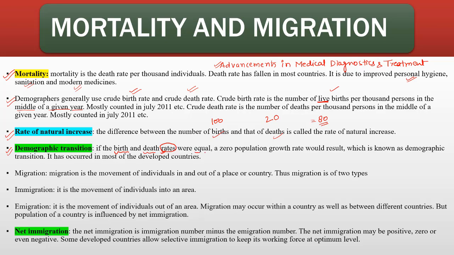It is equal, right? A zero population growth rate would result. Obviously, it's good to hear that. Zero population growth rate would result, which is known as demographic transition.